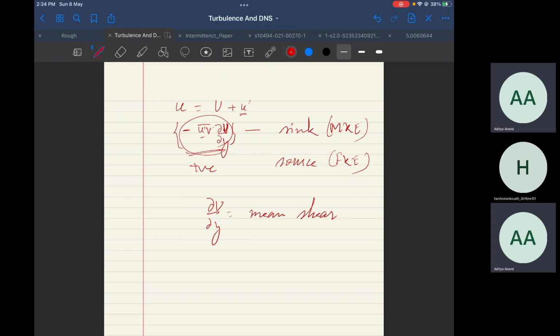And this is the Reynolds stress. So this quantity basically represents the turbulence energy produced, or the production by Reynolds stress and the mean shear in the flow.